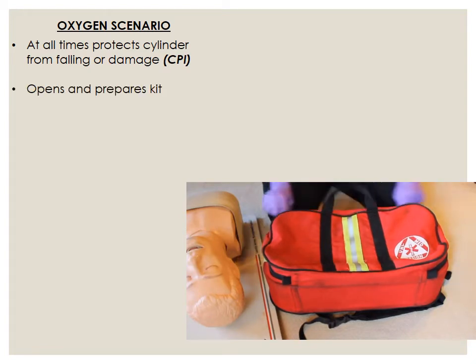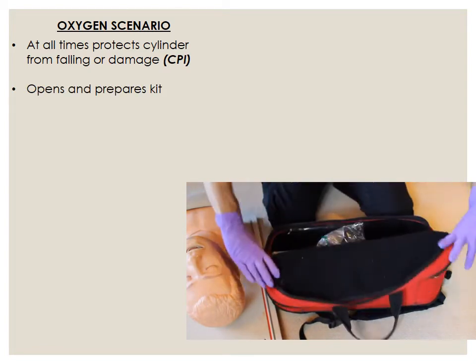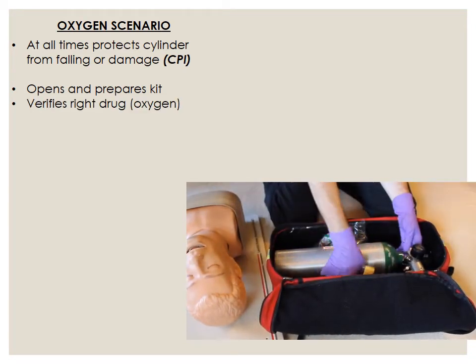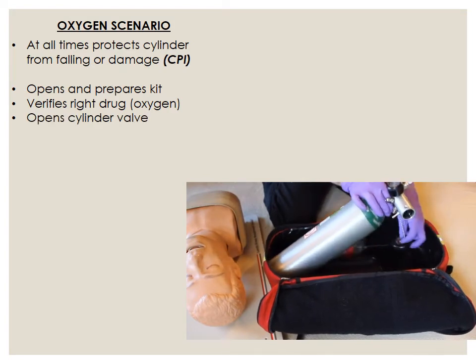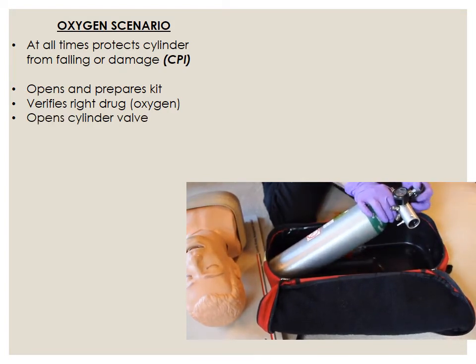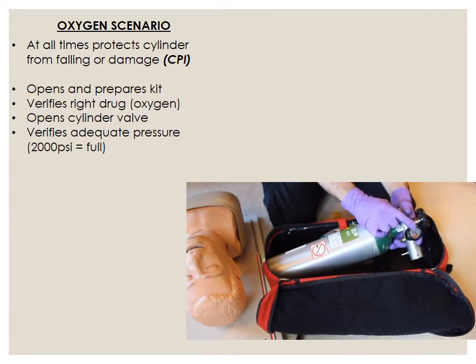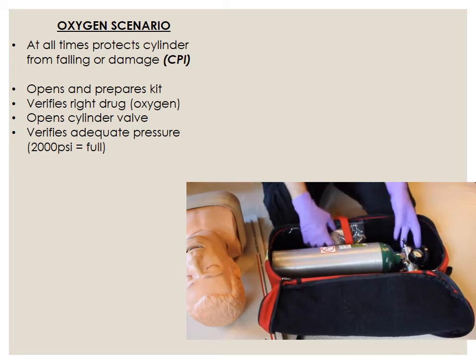Open and prepare the kit. Verify the cylinder is the right drug, oxygen. Open the cylinder valve using the wrench. Verify that there is adequate pressure in the cylinder. 2,000 pounds per square inch is full.